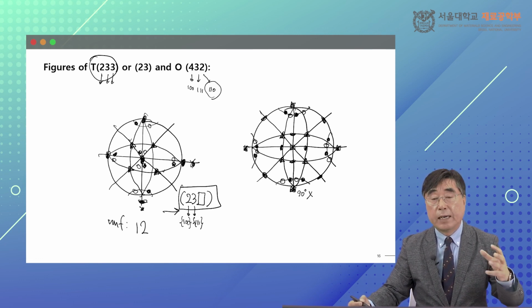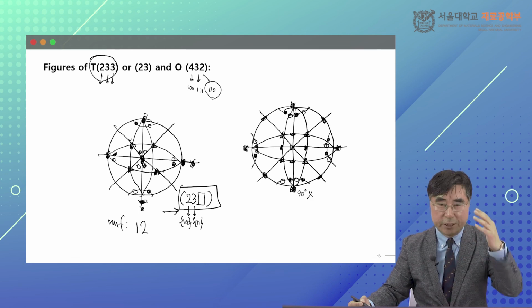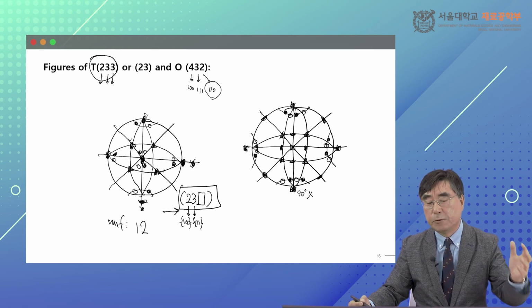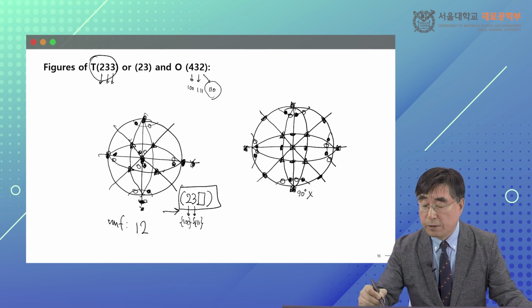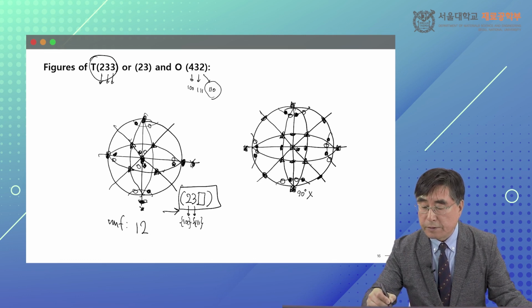And so far, I did only the 100 type fourfold operation of the x, y, 001 axis, 100 axis, 010 axis. Now I have to do the threefold operation. When you do the threefold operation, it goes in here. Then this one is an upper pole, and this one is a down pole. And this one is an upper pole, this one is a down pole, and this one is an upper pole, this one is a down pole.